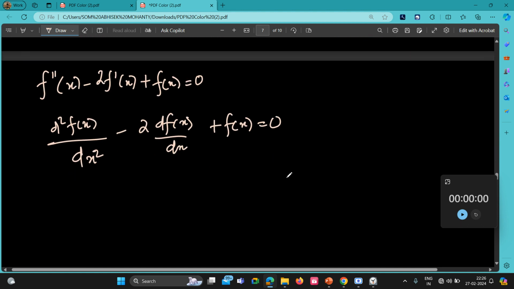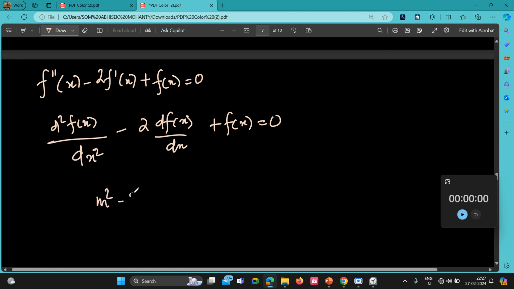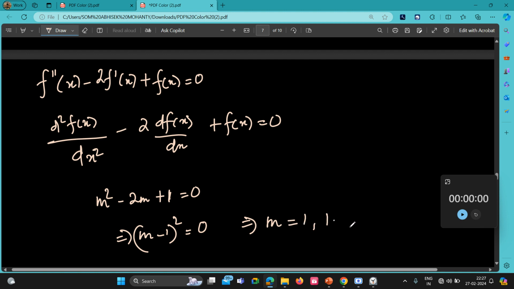So I can write the auxiliary equation m square minus 2m plus 1 is equal to 0. So if you see, this is (m minus 1) whole square is equal to 0, and if you see, m is equal to 1 and 1, isn't it? Right? m can be 1 and 1.